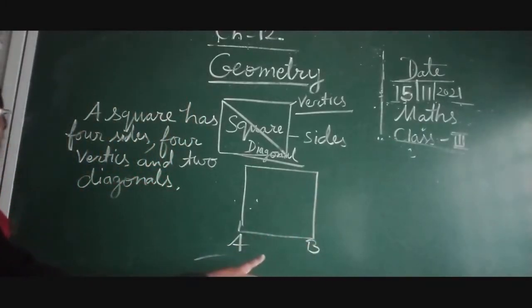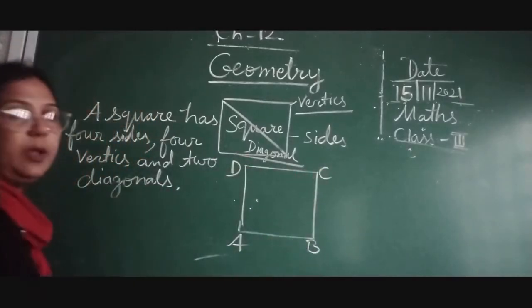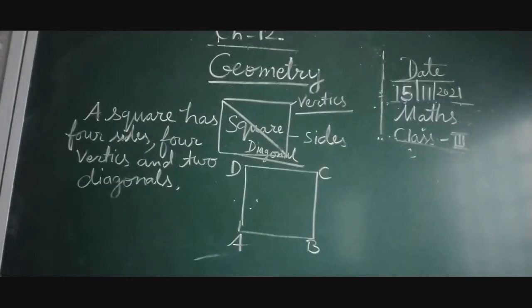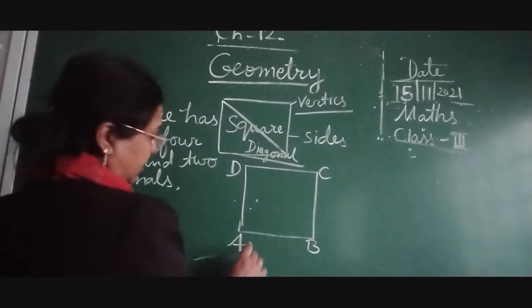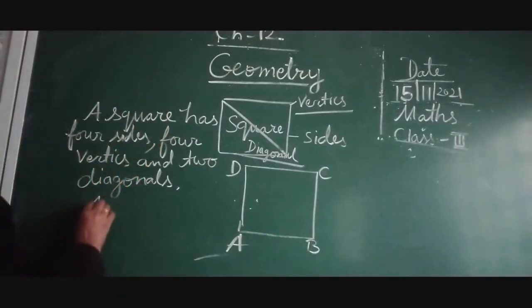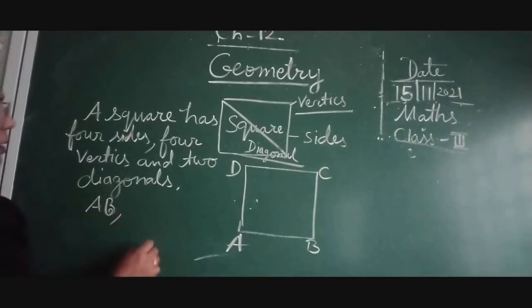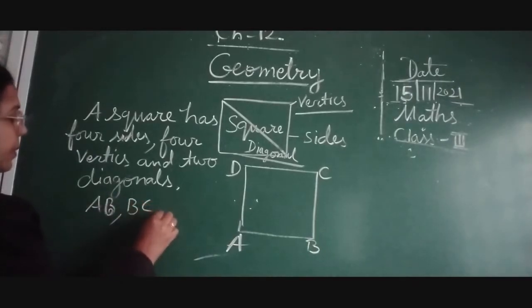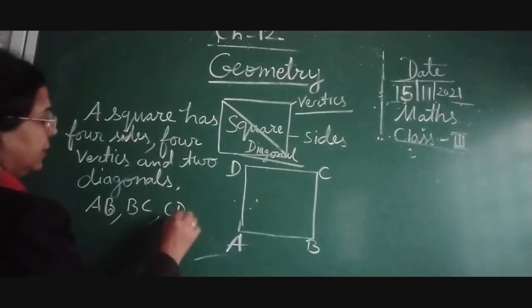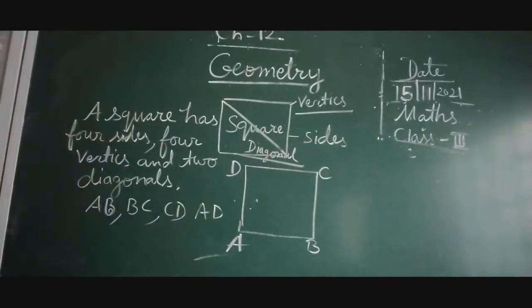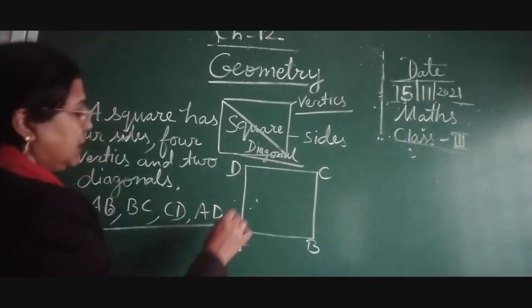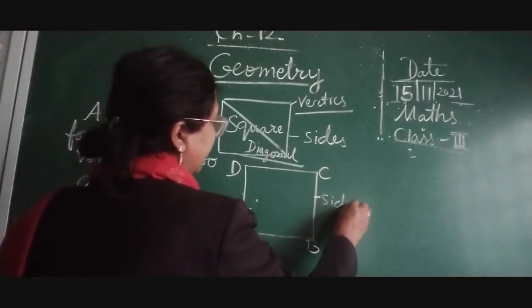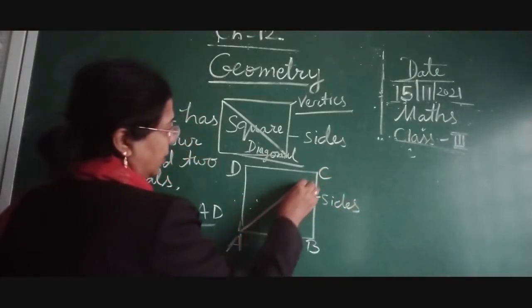So this is AB children, the edge line of this square is AB, then DC, C and D. And we will represent this like this: AB, BC, CD and AD. ठीक है? So these are the sides.